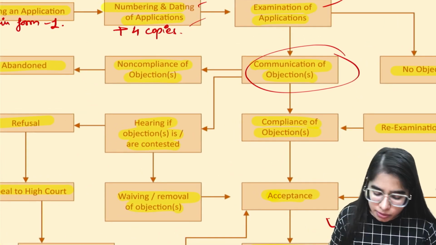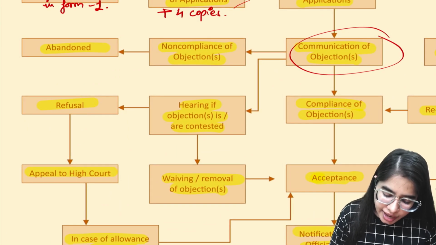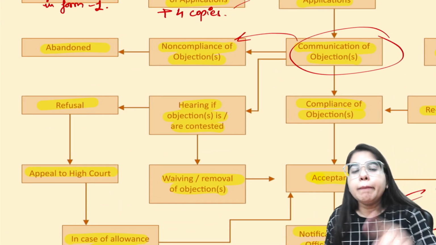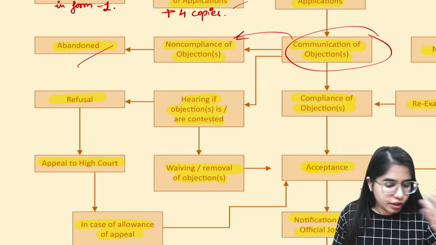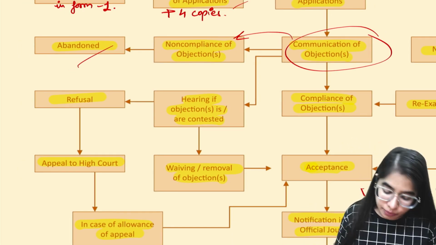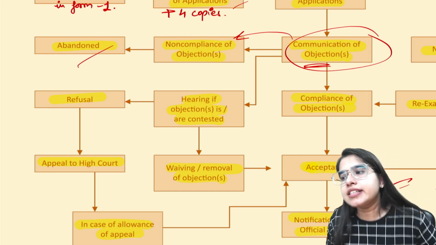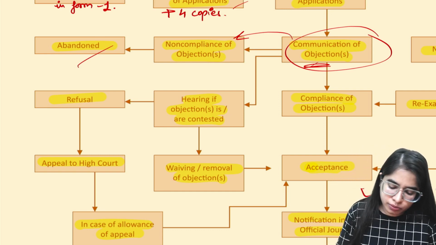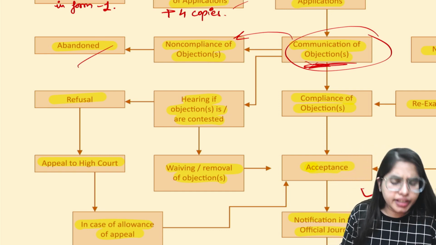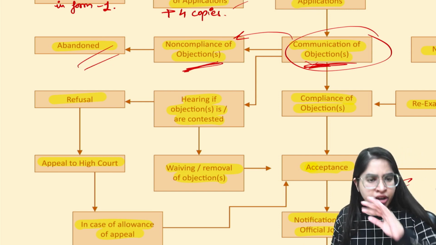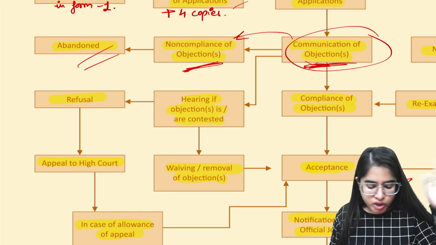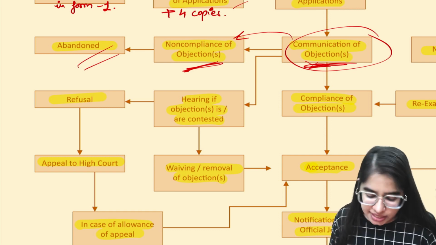Sunwai hearing will be there of both the parties. And if you don't comply with the objection, if the examiner or controller raised any objection and you don't comply, in that case your application will be cancelled, that is abandoned.